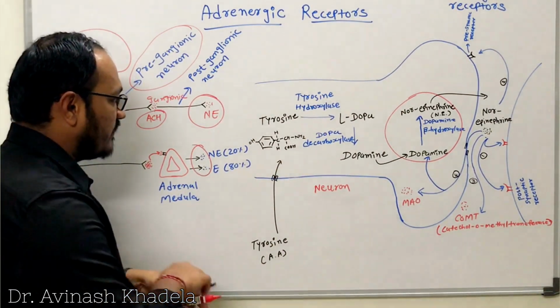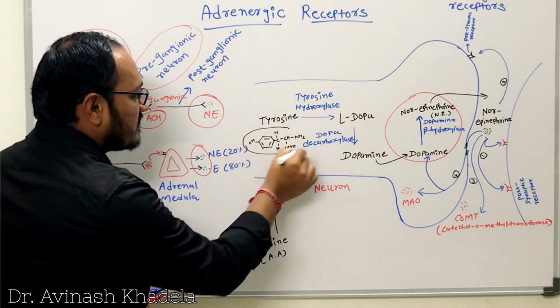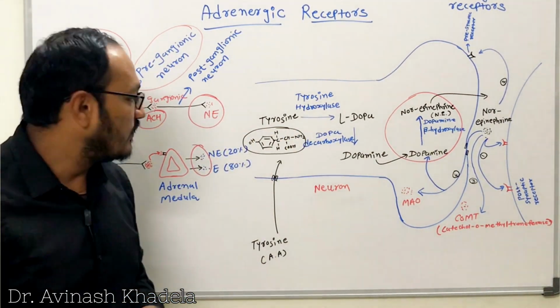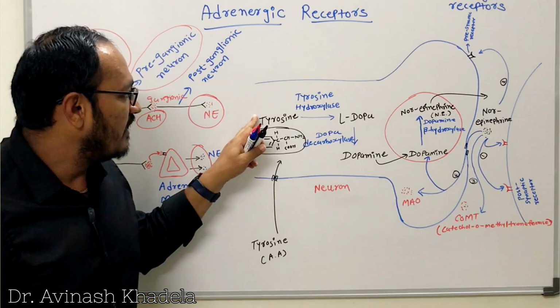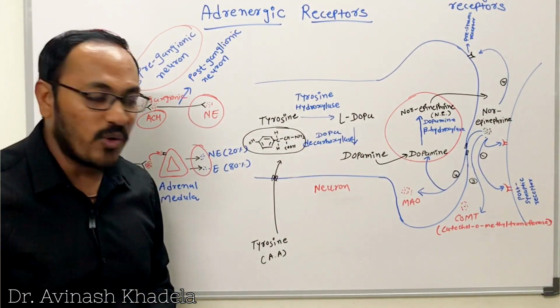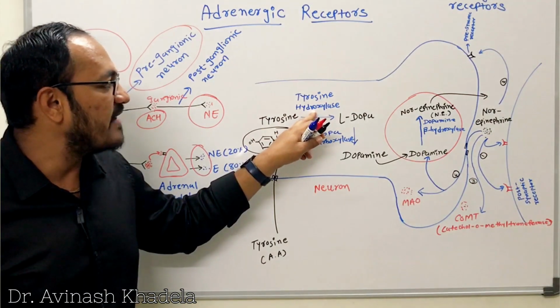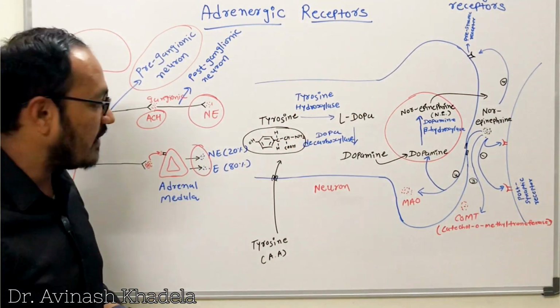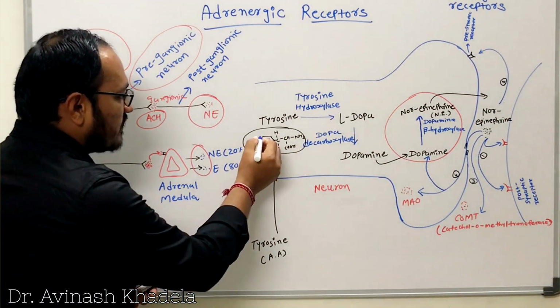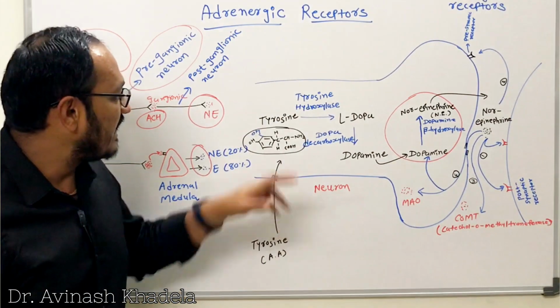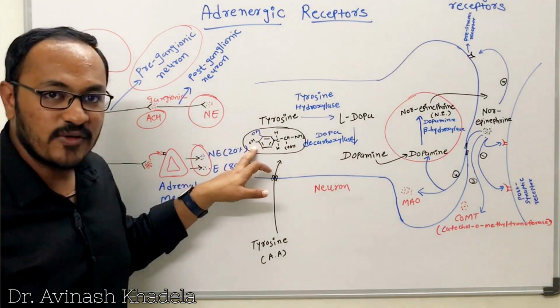This tyrosine has a structure of a catecholamine. Tyrosine will be converted into L-DOPA inside the neuron with the help of the enzyme tyrosine hydroxylase. Basically, for the structure of a catecholamine, two hydroxy groups are needed, but in the case of tyrosine, only one hydroxy group is present.